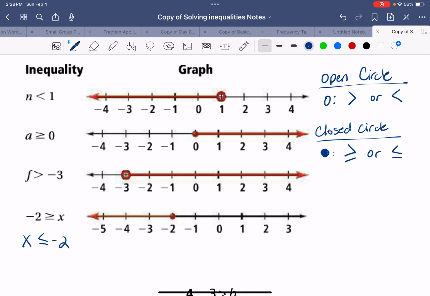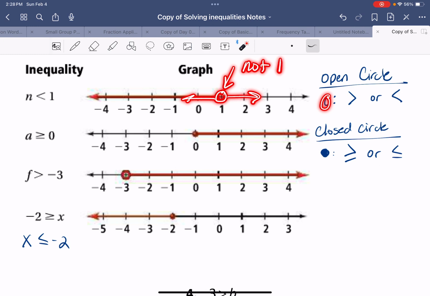The reason is that an open circle, with greater than or less than, does not include that number. It's either less than or greater than, but it's not 1. But a closed circle has the equal to sign, and that's the trick.